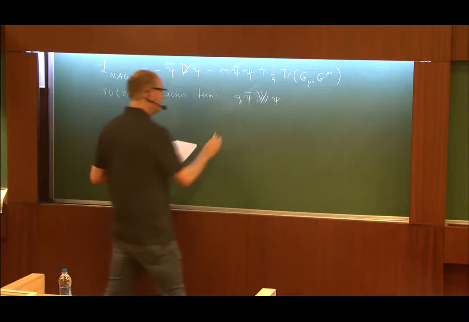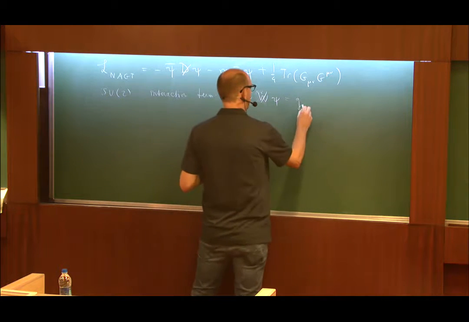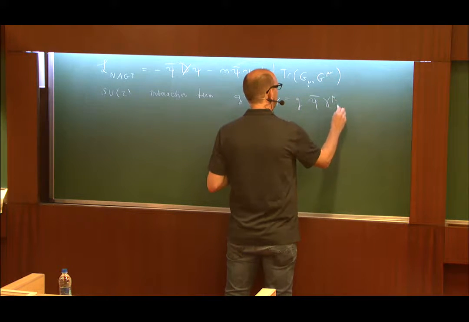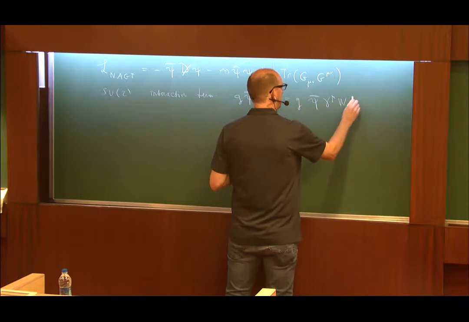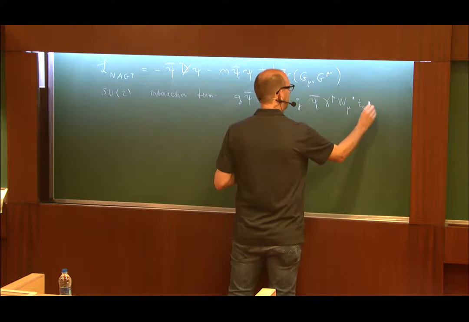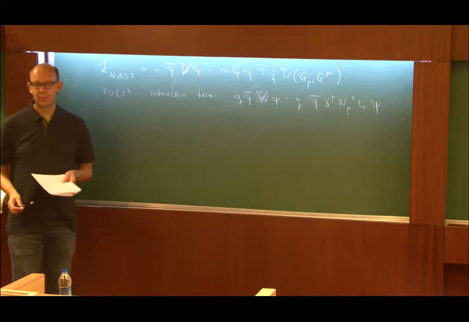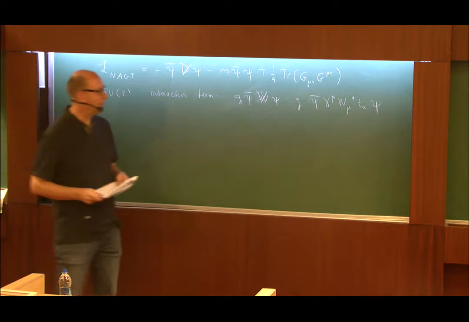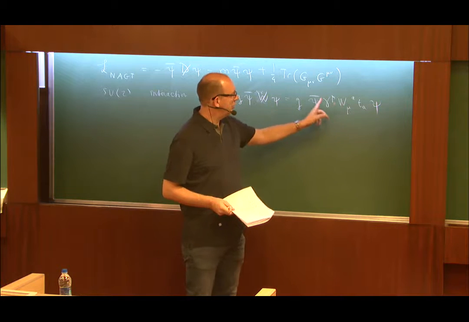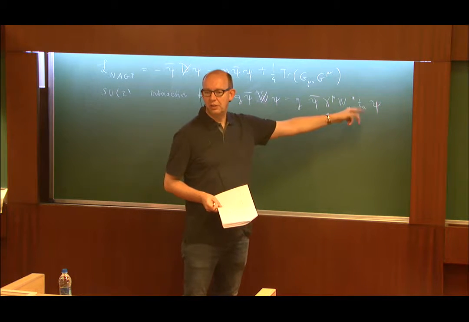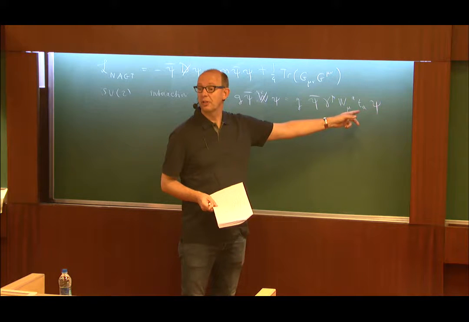But we can write this out as g psi bar gamma^mu W_mu^a T^a psi. I've done two rewritings. I've written gamma W slash, made the gamma^mu explicit, and also made the Lie algebra valued form explicit.